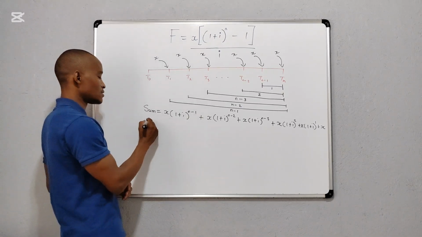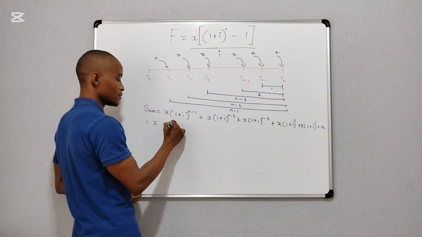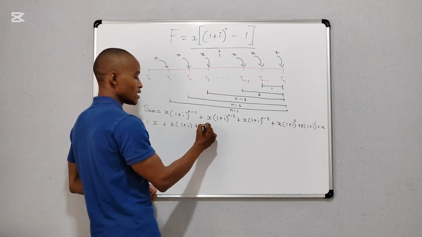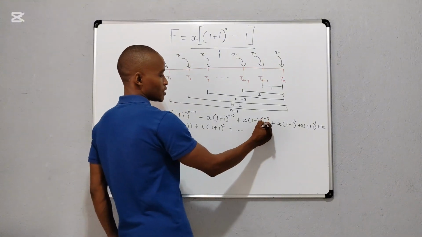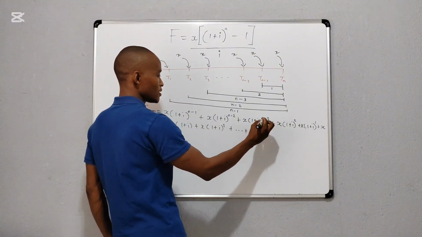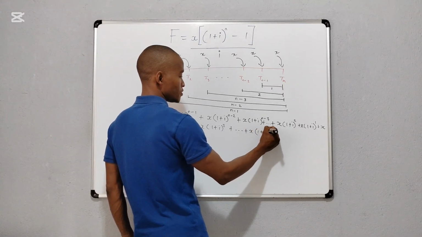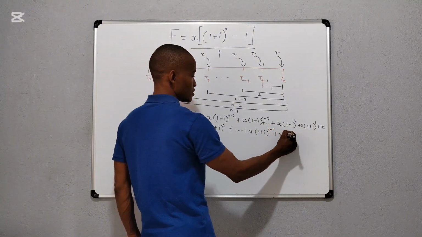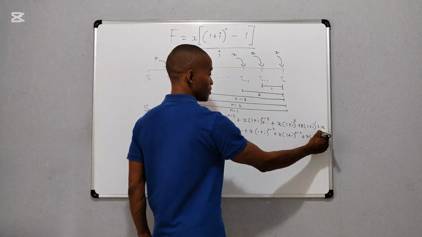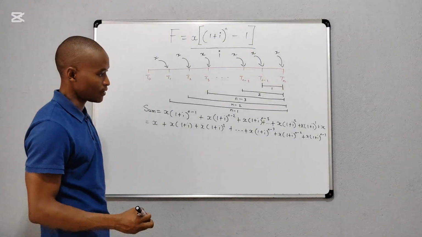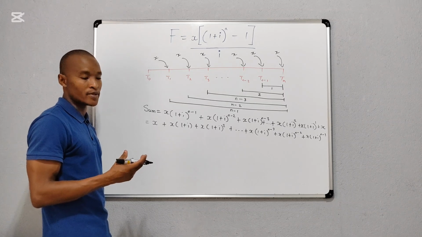Let us just rewrite it in ascending powers of x and observe something. x plus x(1+i) plus x(1+i)^2 plus, okay, should actually be an ellipsis there, x(1+i)^(n-3) plus x(1+i)^(n-2) plus x(1+i)^(n-1).